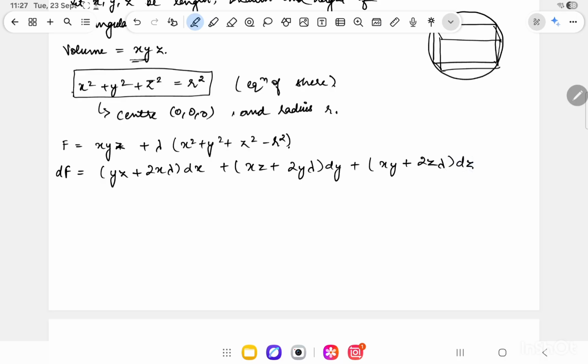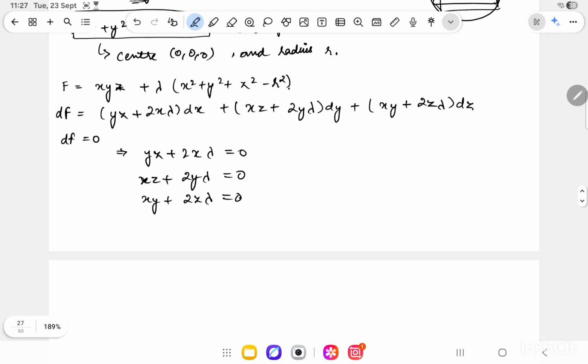Now to get the possible critical values, let's equate the total derivative with 0. That gives us yz plus 2x lambda equals 0, and xz plus 2y lambda equals 0, and xy plus 2z lambda equals 0.